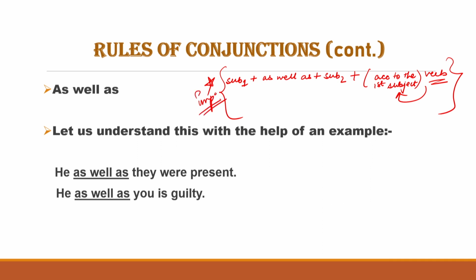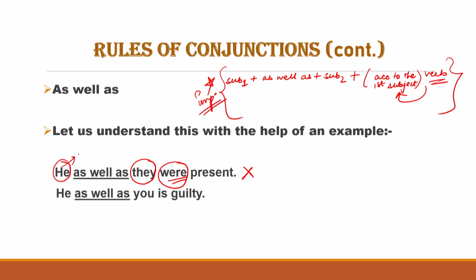So now let us take an example. He as well as they were present. So is the sentence correct? No. We just discussed this rule. When two subjects are joined together by as well as, the verb agrees with the first one. So here he is your subject and they is your second subject. Now, so here the verb will agree with the first subject.